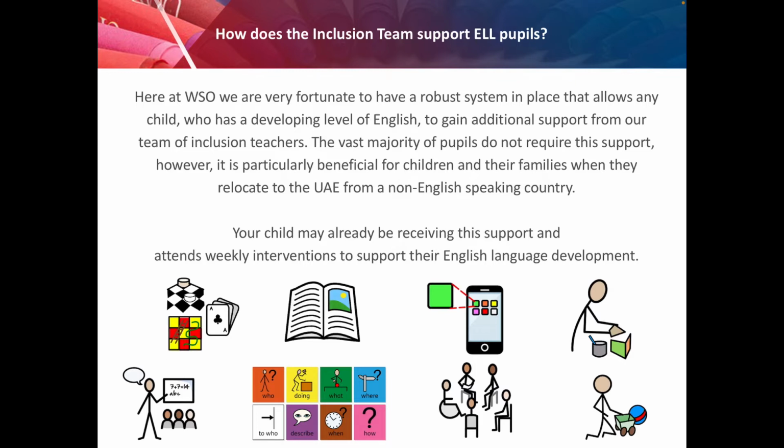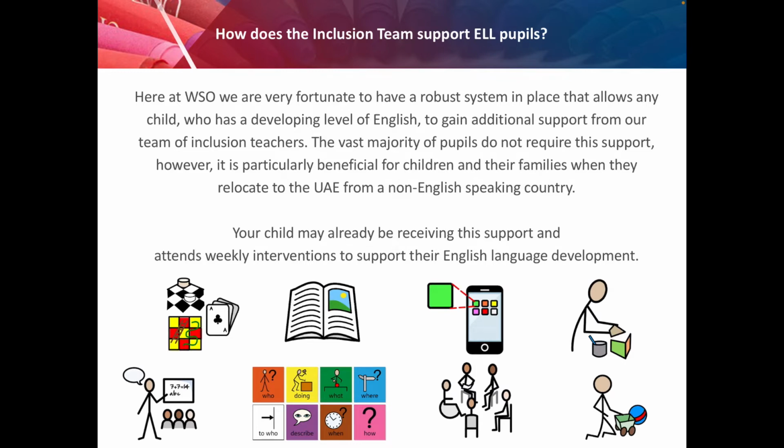And we notice a trend: quite often we have children in the early years coming to the inclusion team for ELL support, or like this year in year 3, children who have emigrated to the UAE from non-English speaking countries.